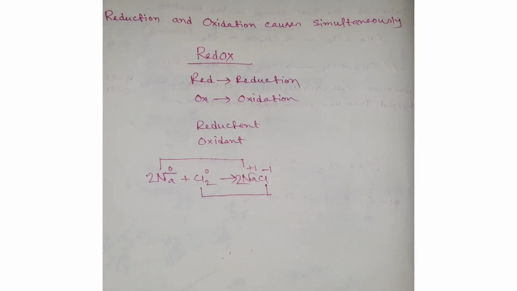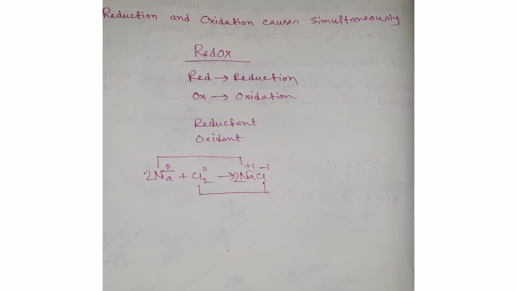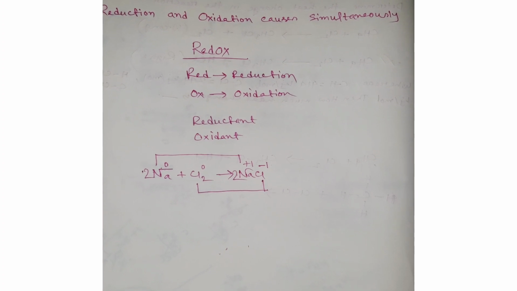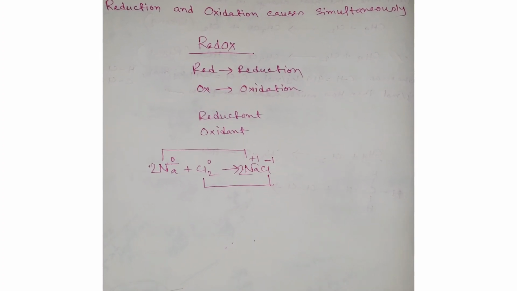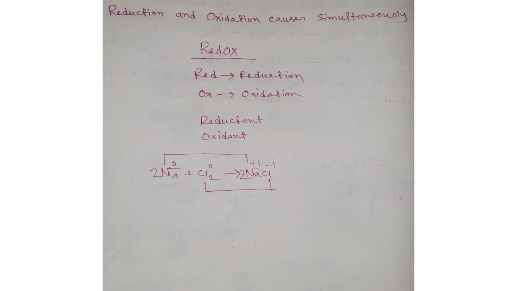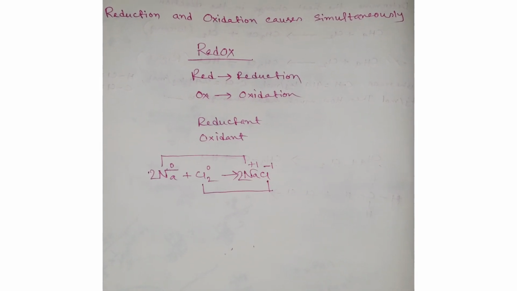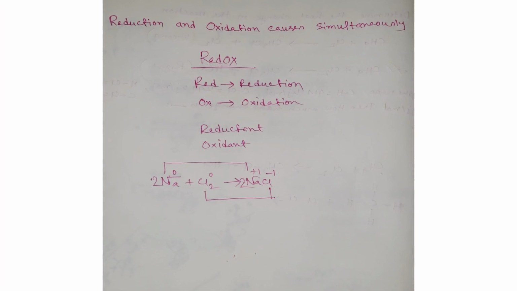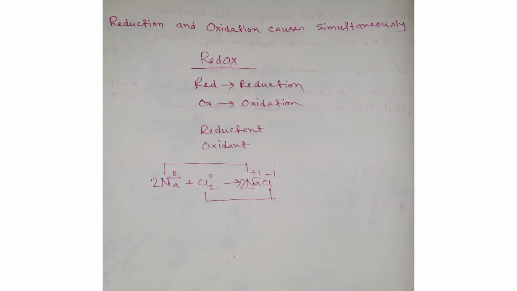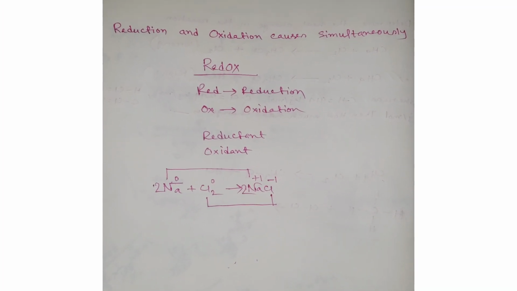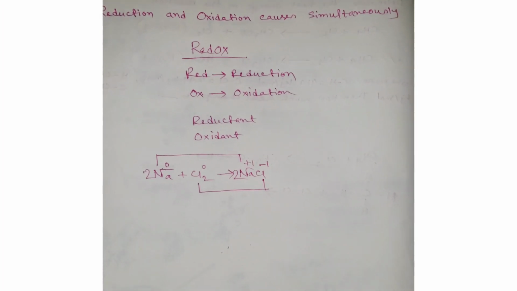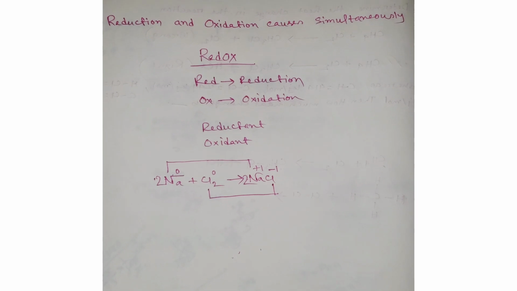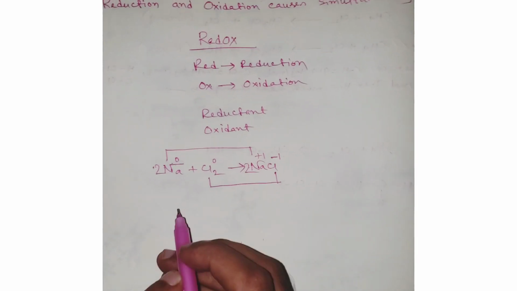The element which leaves electrons we call the reductant, and the element which receives electrons we call the oxidant. Beside these, some ions will remain which do not change their charge; we call them spectator ions. So let's start.